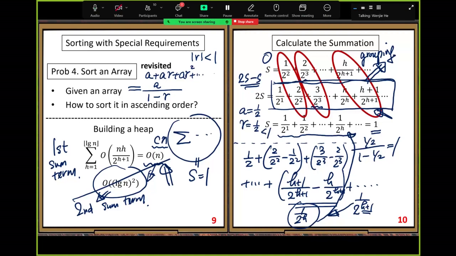Now the conclusion. How much does it cost to build a heap from an array of size n? A certain constant times the array size, c times n. That's the building cost.